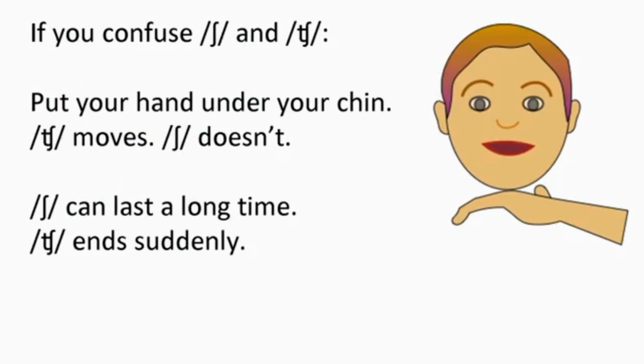Put your hand under your chin as you say the sounds. You should feel a little movement when you say ch. When you say sh, there should be no movement. When you say shh, you can continue to make the sound for a long time. Shh. When you say ch, you can't. The sound ends suddenly. Ch.